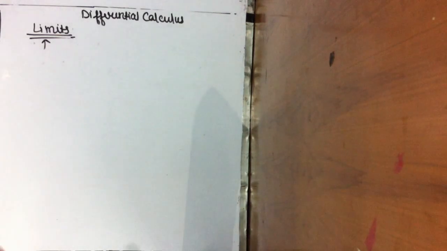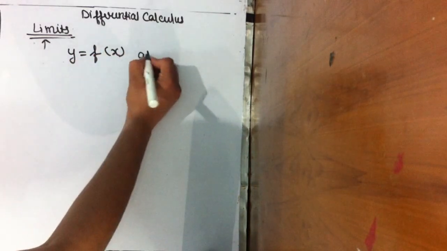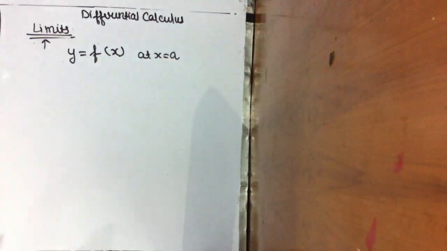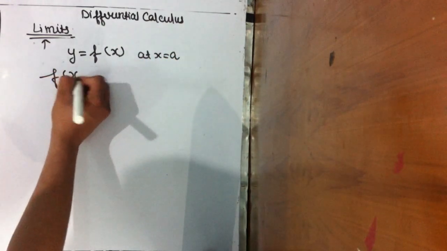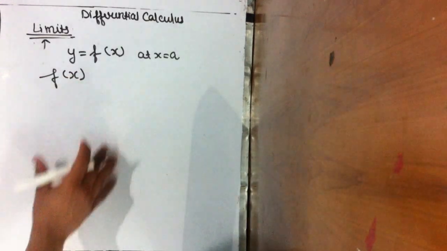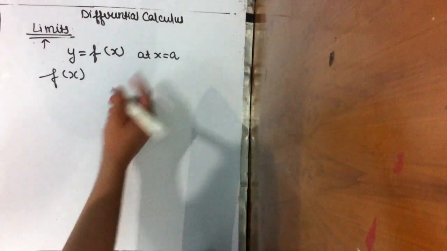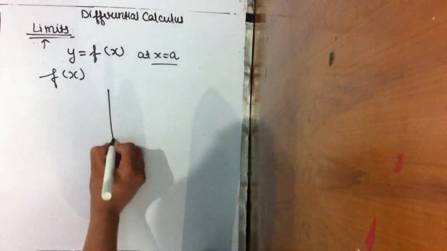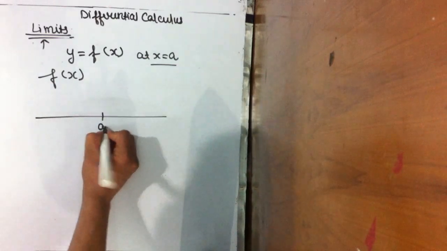Now, when do our limits exist? The limit of y equals f of x at x equal to a would exist if and only if this function f of x is well defined in the neighborhood of x equals a. Now, what do you mean by neighborhood of x equals a? Suppose on the number line we have plotted this point a.